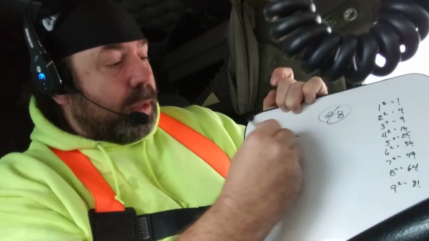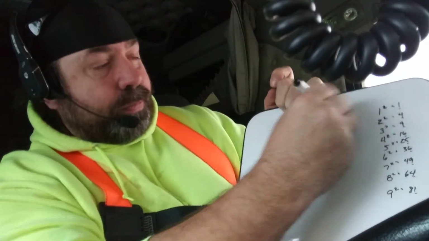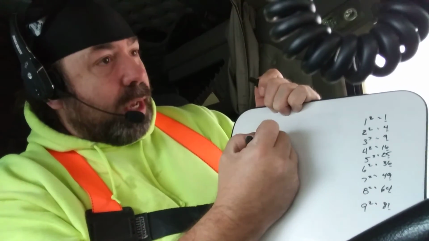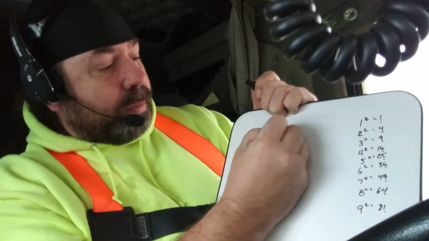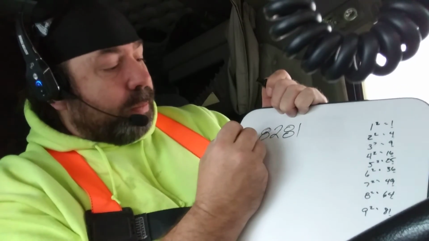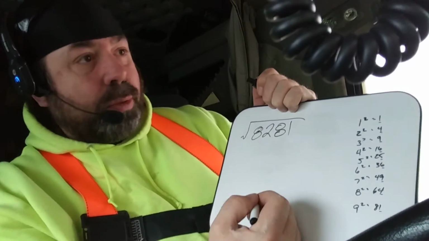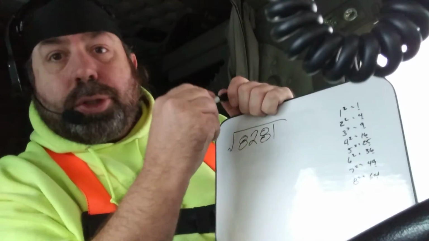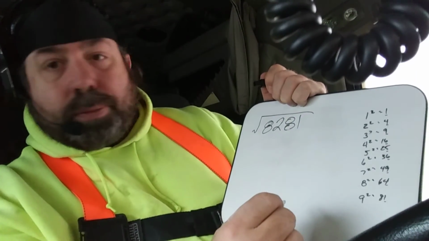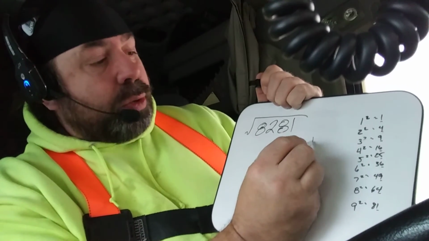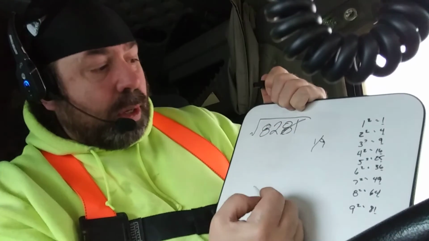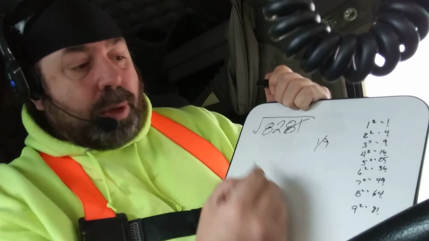Let's try one more. Let's see if we can find the square root of 8,281, right? Now, when you see 81, you think, oh, I should know that. That's 9. But we can use either a 1 or a 9, right?